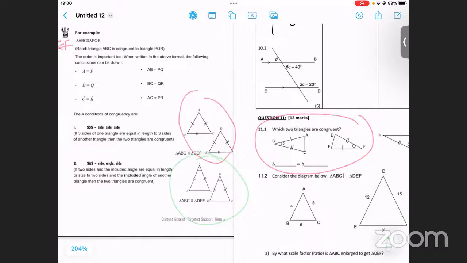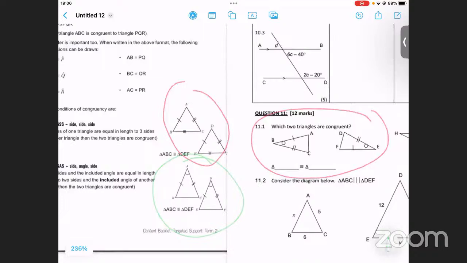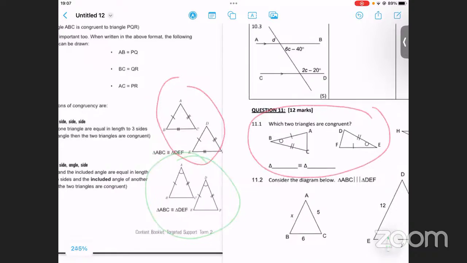If you look at them, they look like side angle side. Side angle side, perfect, that is correct. So if they ask you why you say they are congruent, you're going to say SAS, which is side angle side. So that means side for side, angle for angle, and side for side, right?